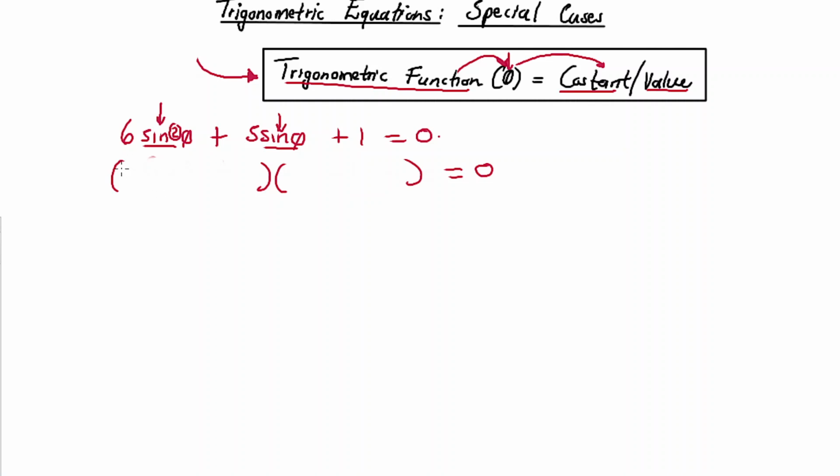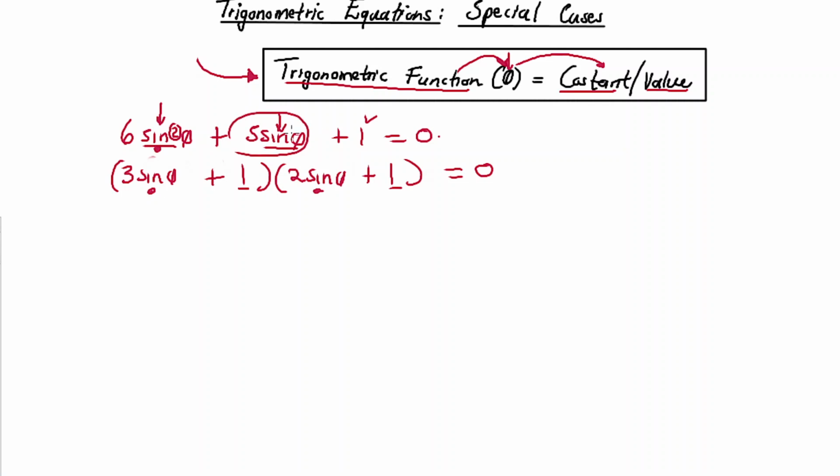So here it's going to be a 3 and a 2 sine theta, and then a plus 1 and a plus 1. So 1 times 1 gives me this times this gives me that.